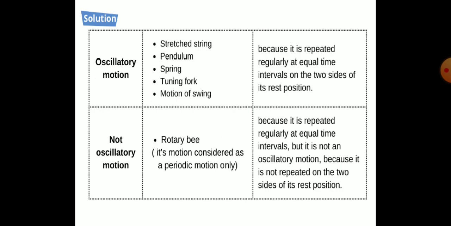And what about the rotary bee? It is considered a periodic motion only, because it's repeated regularly at equal periods of time, but it's not an oscillatory motion because it's not repeated on the two sides of its rest position.